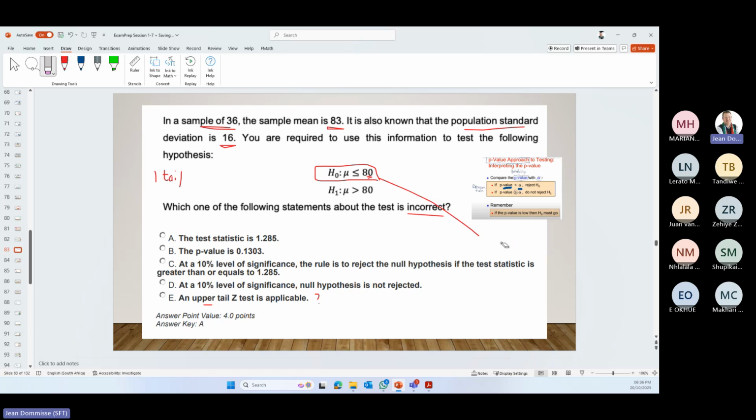So also, just don't make assumptions. Let's go: Z, mean, 83. It's still bigger, so it will still be positive, but that is then going to be a very big p-value.